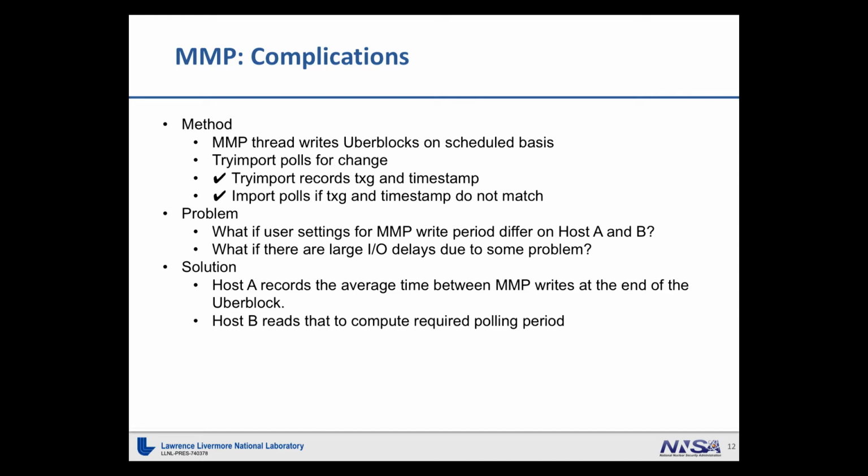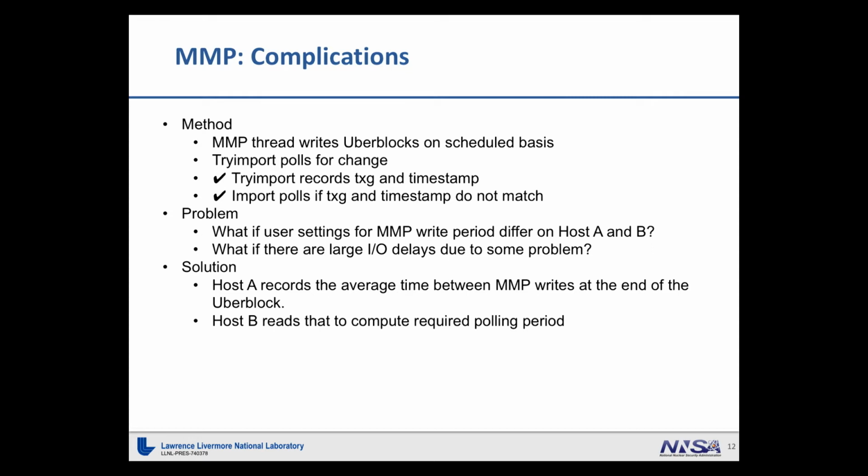Up to this point, this polling period and how often those MMP blocks are written was based on settings, or maybe even hard-coded in the code. Hard-coded maybe would be okay because at least it's the same everywhere, but then the user gets no control, which is sucky.